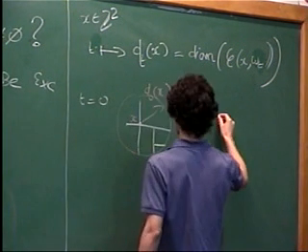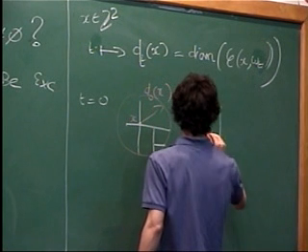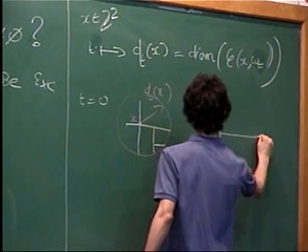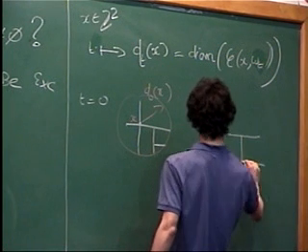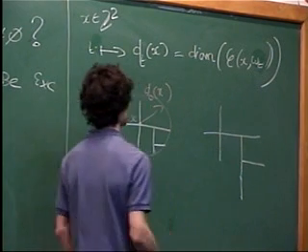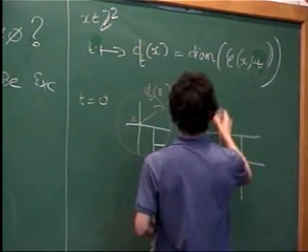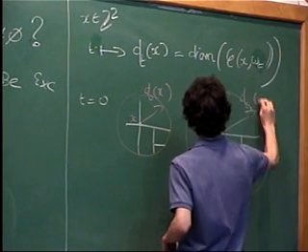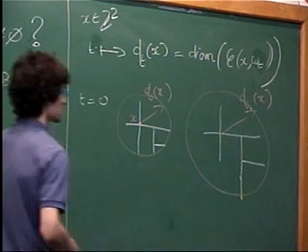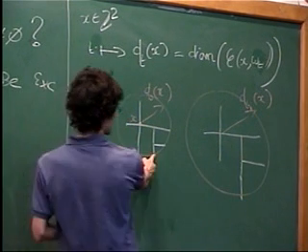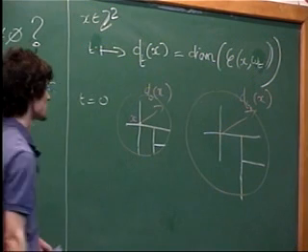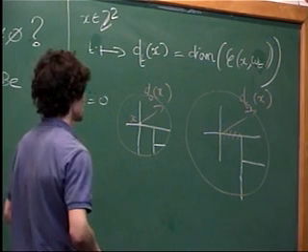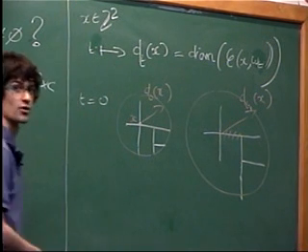Maybe after some time, it gets further away. So maybe that would be d_t1 of x, because this edge appeared. And maybe after some time, this one could disappear. And therefore, the d_t will be smaller.